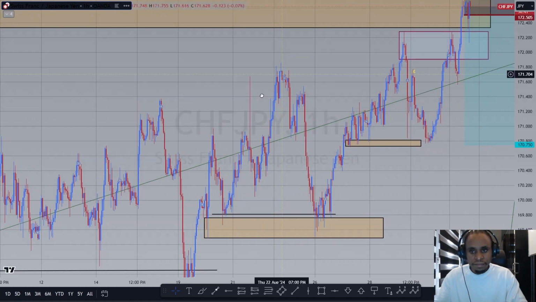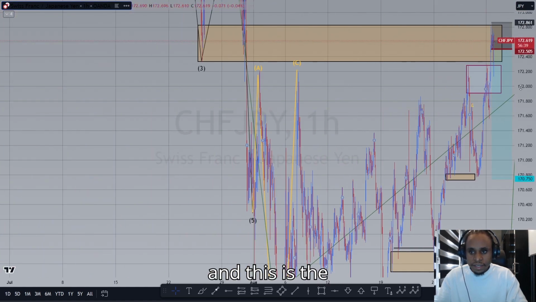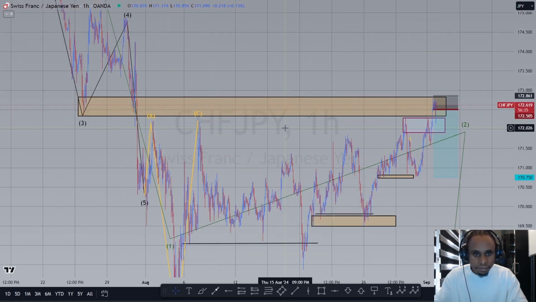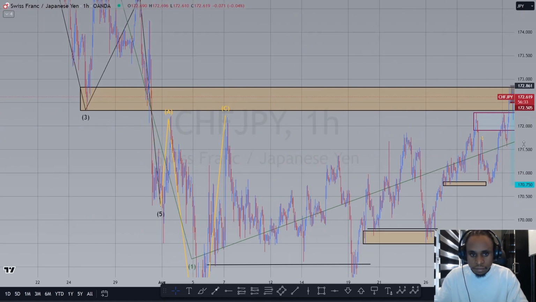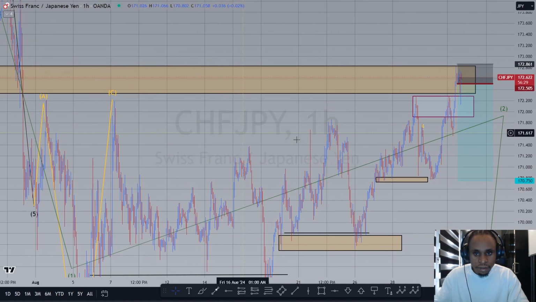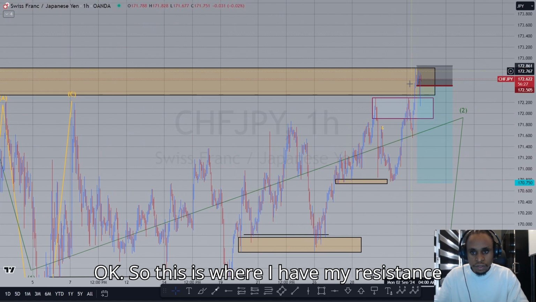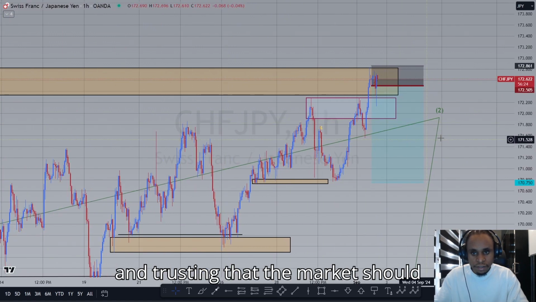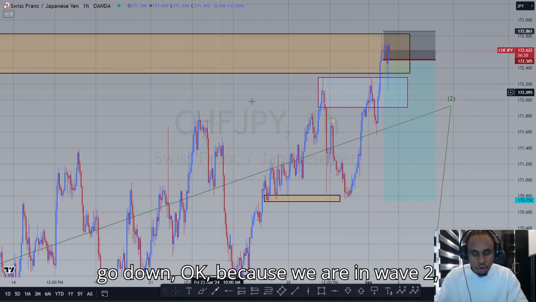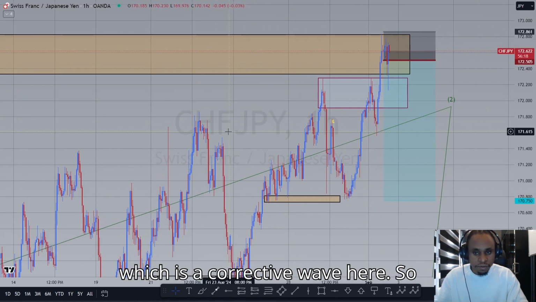And this is the resistance I had here. This is the resistance. I had a resistance here. Okay, so this is where I had my resistance, and trusting that the market should go down, because we are in wave two, which is a corrective wave here.